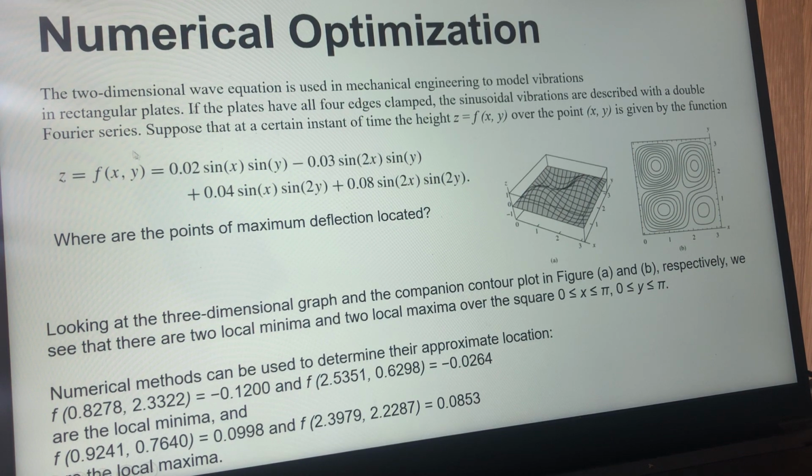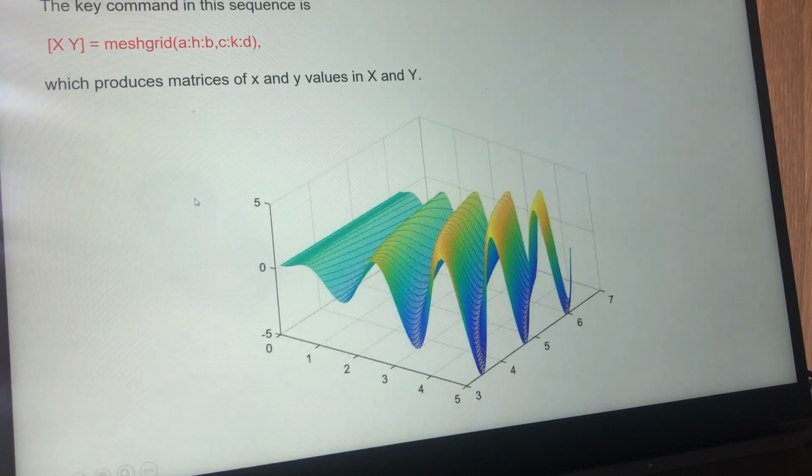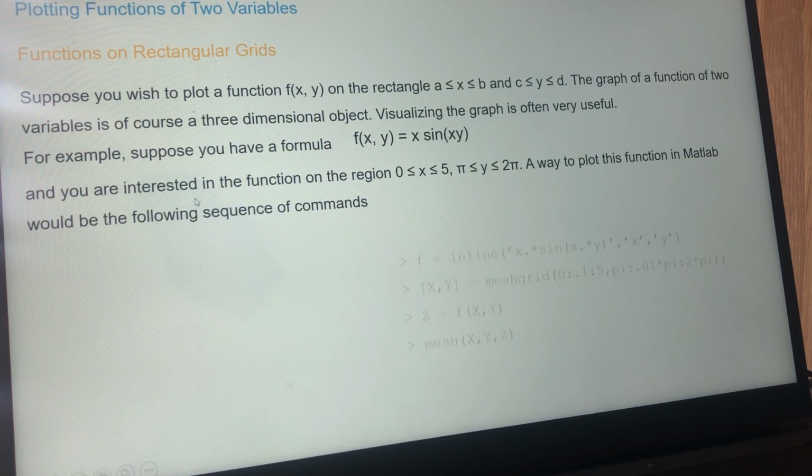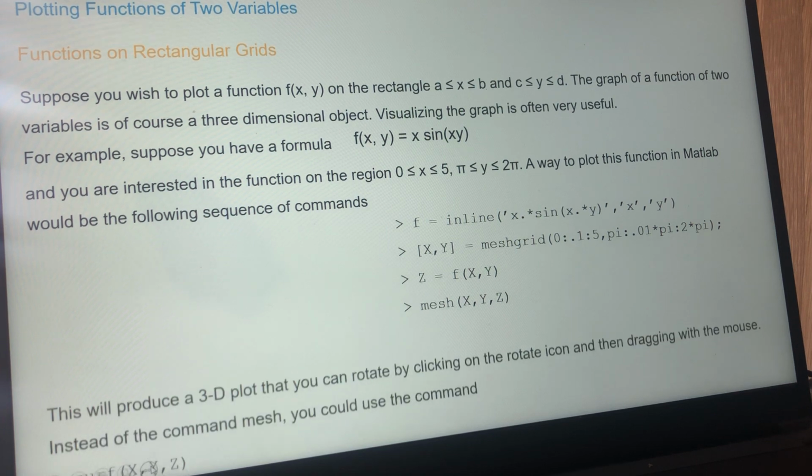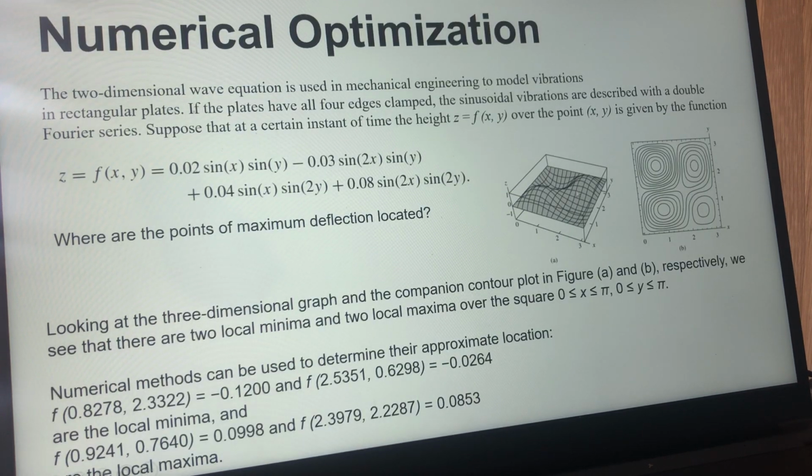As you can see, this is also a two variable function, and we just talked about how we can plot it. So we need to define this one with an inline function, define the mesh, and after that the mesh grid, and after that with the mesh command or surf command, you can easily plot this function.